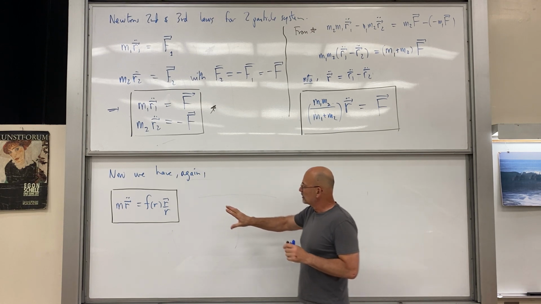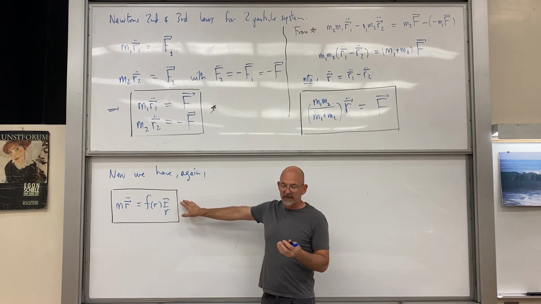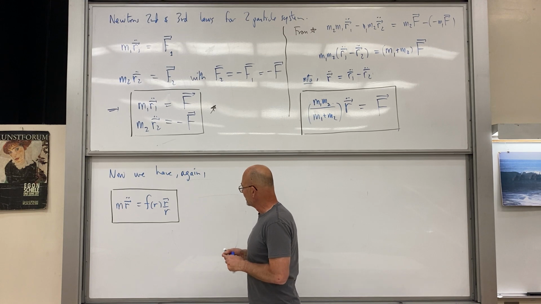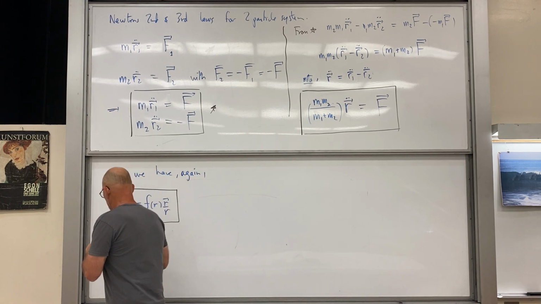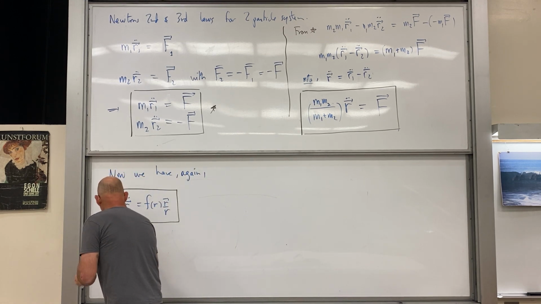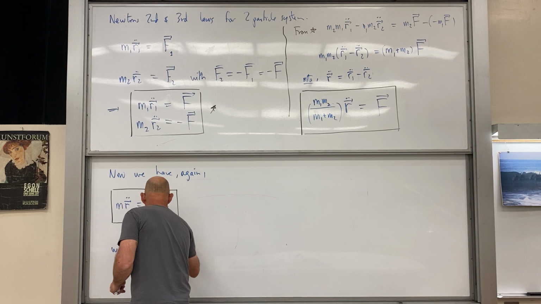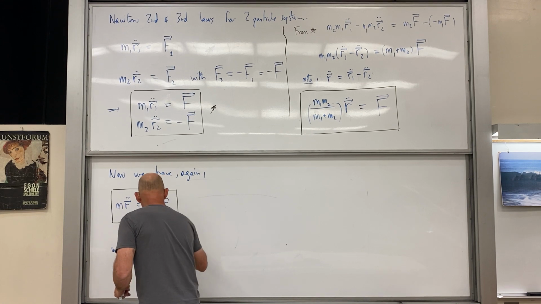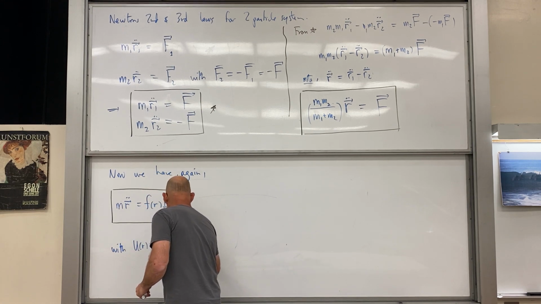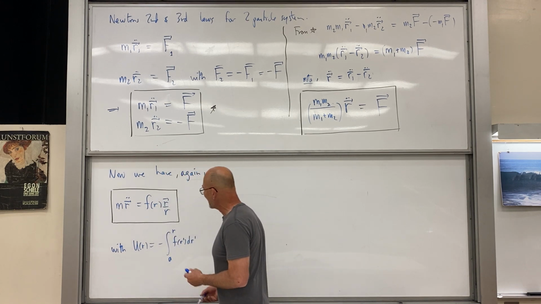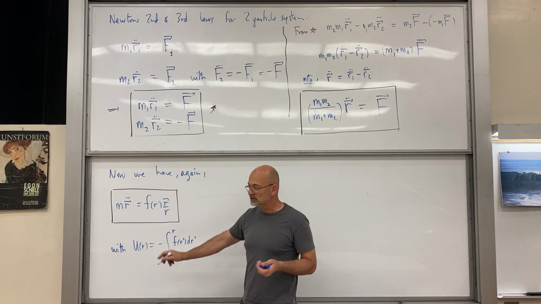So we have this, and we already know about potential energy, with U of r equals minus the integral of F of r prime dr prime. And given this, we have conservation of energy.